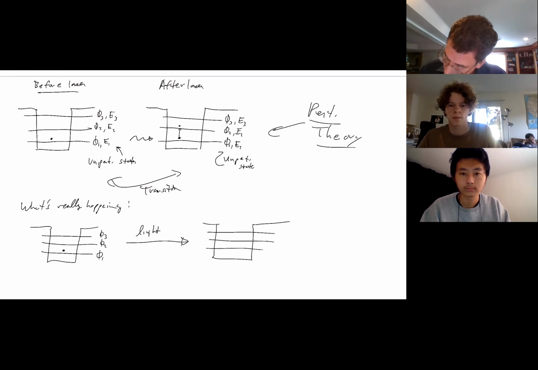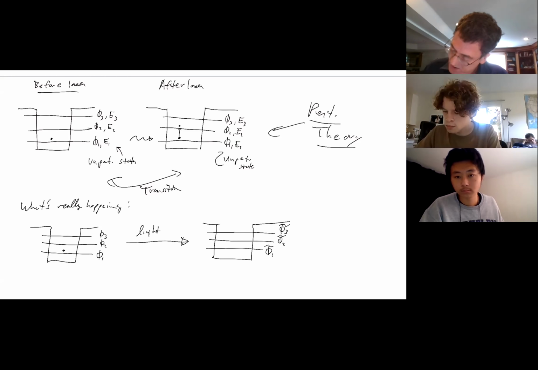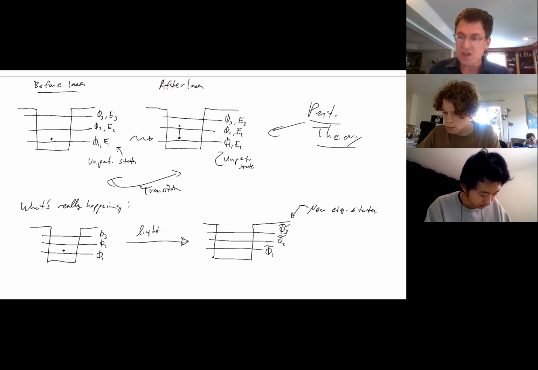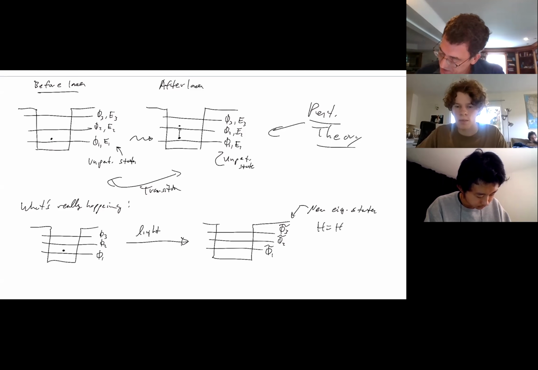I'll call them phi 1 twiddle, phi 2 twiddle, phi 3 twiddle. And so these are the new eigenstates that solve the new Schrodinger equation, when H is equal to H of t.